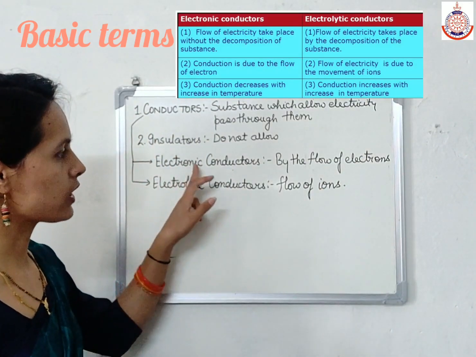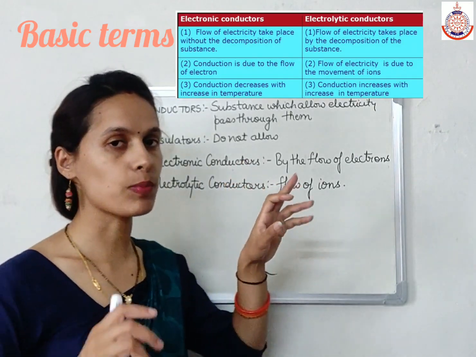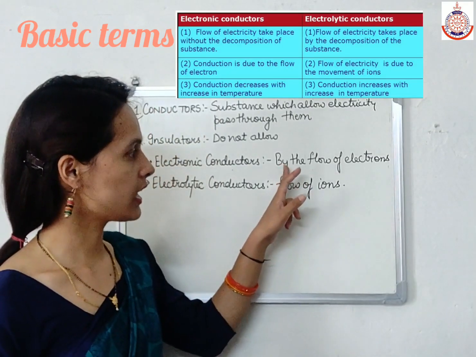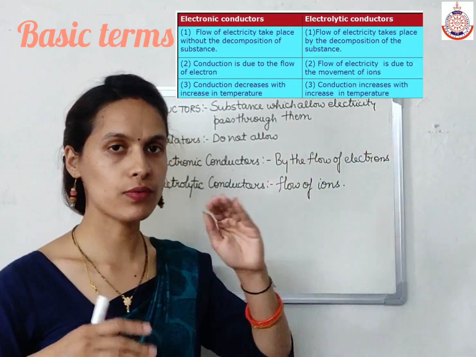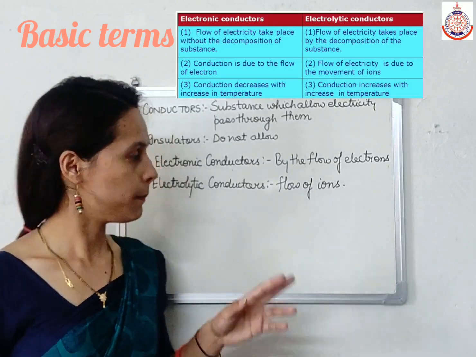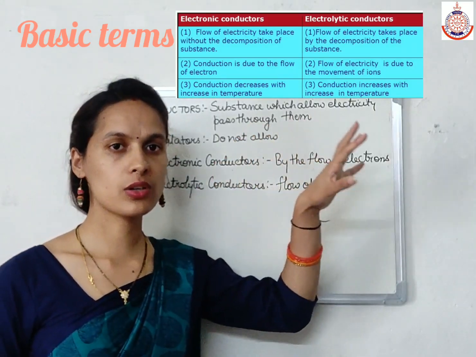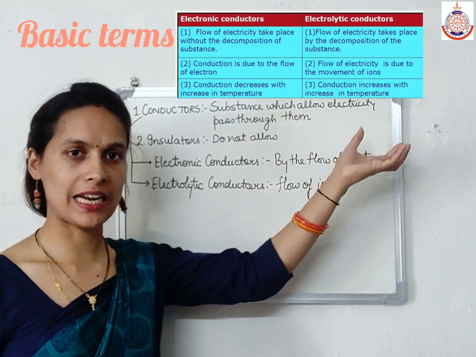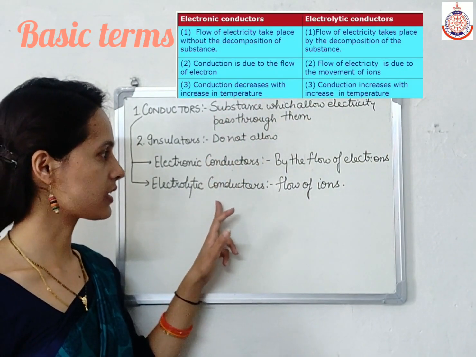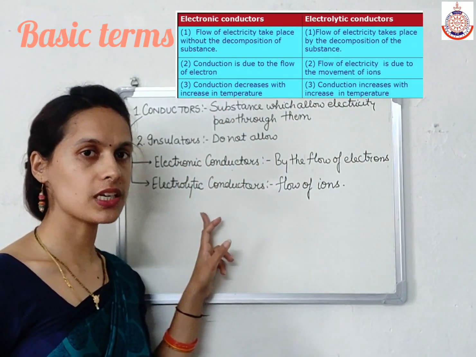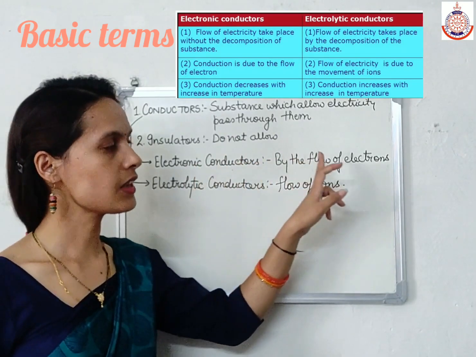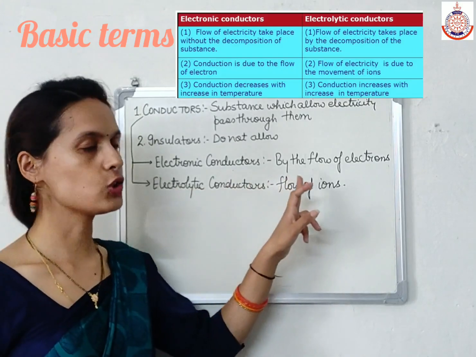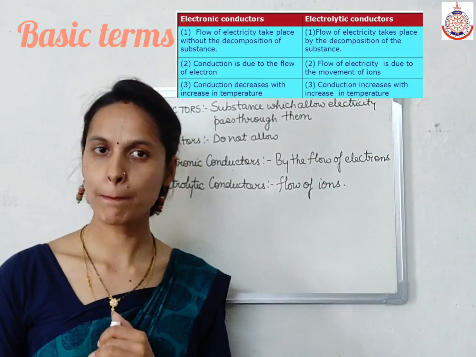It means in electronic conductors there is passage of electricity without the decomposition of the substance, because the electrons flow but the substance remains the same. But in electrolytic conductors the substance gets decomposed into ions, and due to the movement of the ions there is a passage of electricity. So we have two types of conductors. In electronic conductors, due to the flow of electrons, electricity will pass. In electrolytic conductors, due to the flow of ions, electricity will pass.